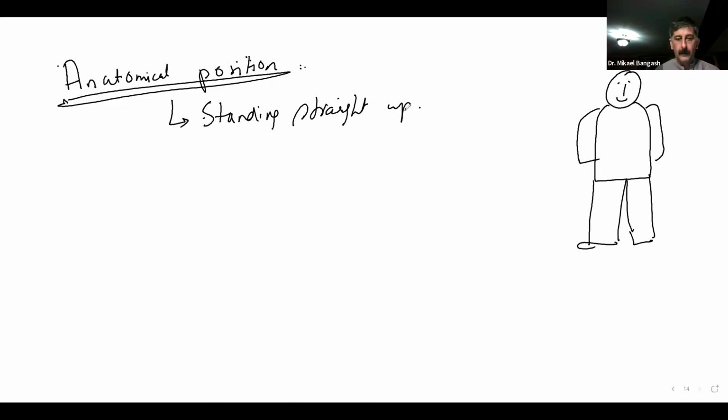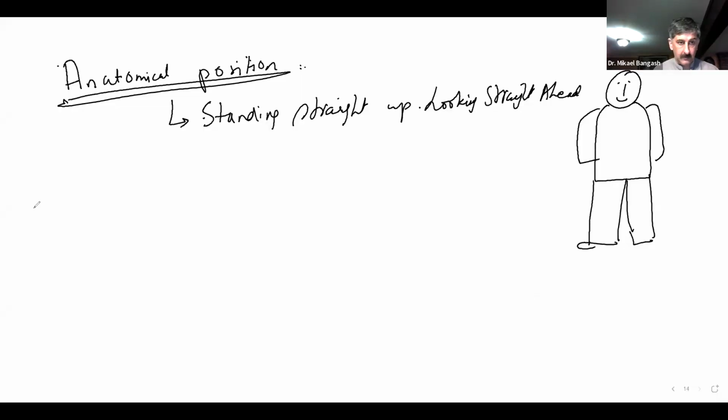We can even say looking straight ahead. Even if somebody was standing straight up, but looking to one side or to the other side, or up like this or down, he or she would not be considered to be in the anatomical position. Did that make sense?